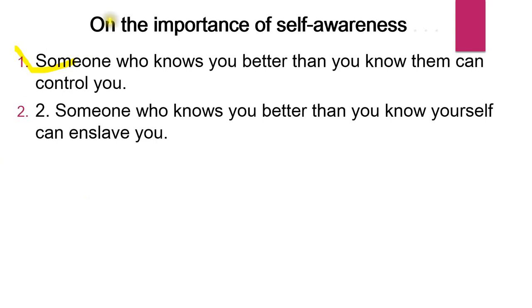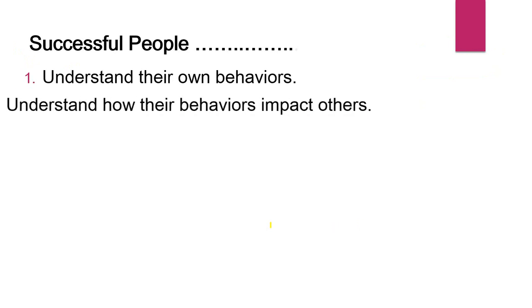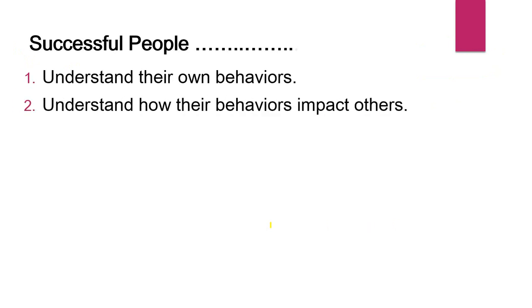That is what we mean here by the importance of self-awareness: how aware others are about your skills, experience, strength, knowledge, whatever you are carrying, and how much you know about others. This is cross understanding between you and your teammates. Very simple. And this is what we are talking about to be successful people.